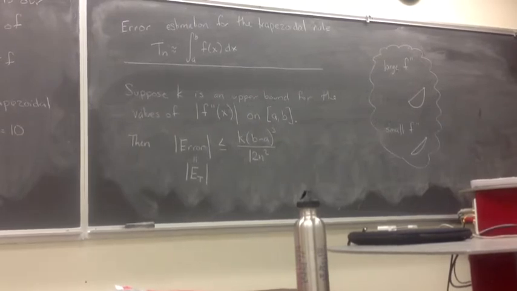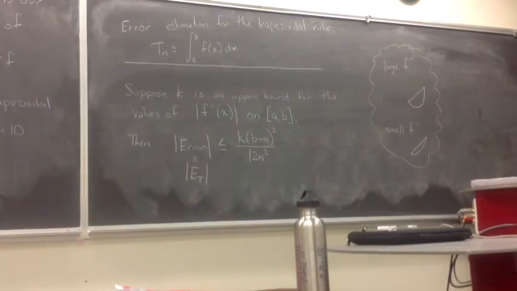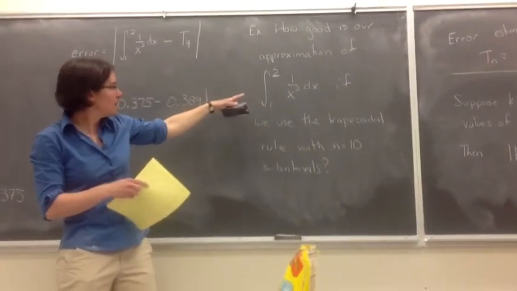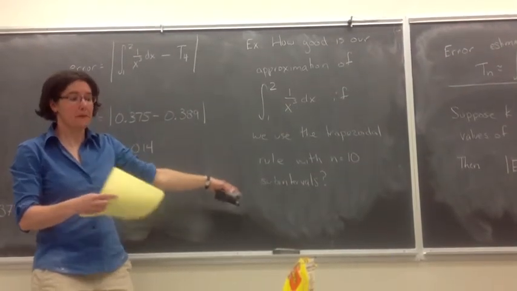Okay, so let's take a look at an example. Our question is, how good is our approximation of the integral from 1 to 2 of 1 over x cubed dx if we use the trapezoid rule with n equal to 10 subintervals?